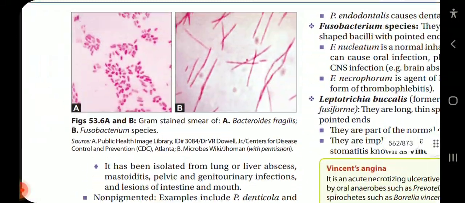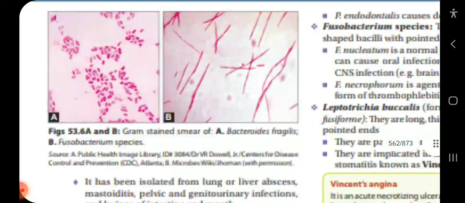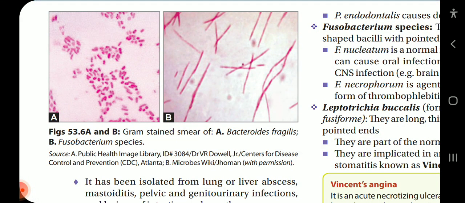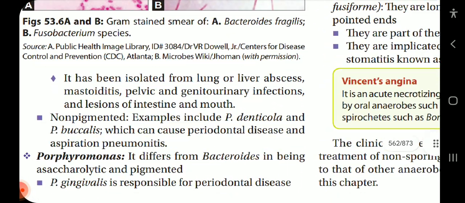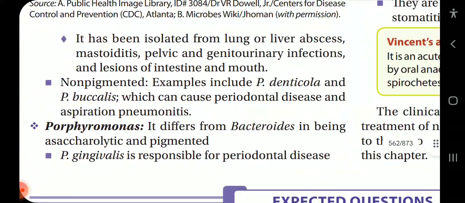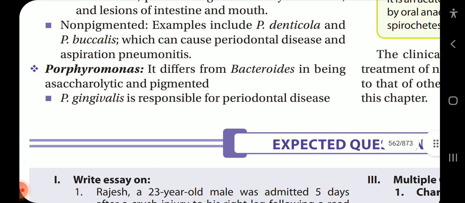In this figure, we can see the gram stain smear of Bacteroides fragilis in A and Fusobacterium species in B. Now continuing, it has been isolated from lung or liver abscess, mastoiditis, pelvic and genitourinary infections, and lesions of intestine and mouth. Non-pigmented examples include Prevotella denticola and Prevotella buccalis, which can cause periodontal disease and aspiration pneumonitis.